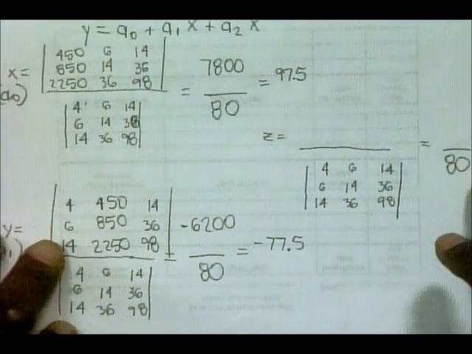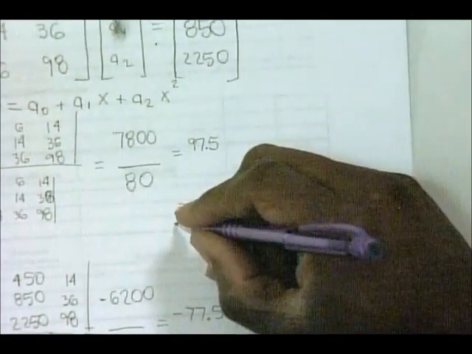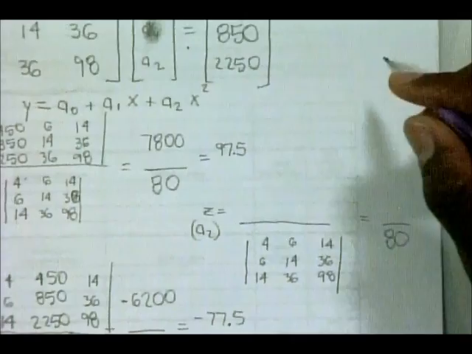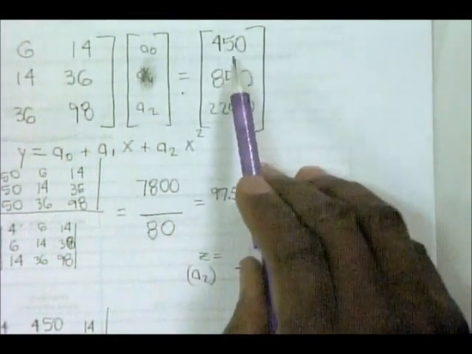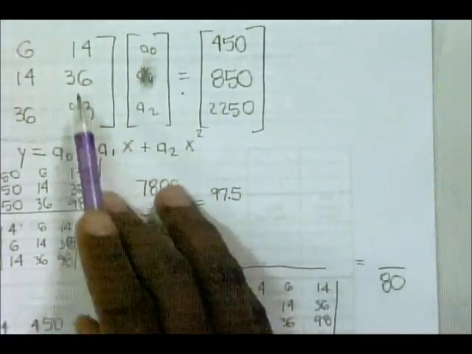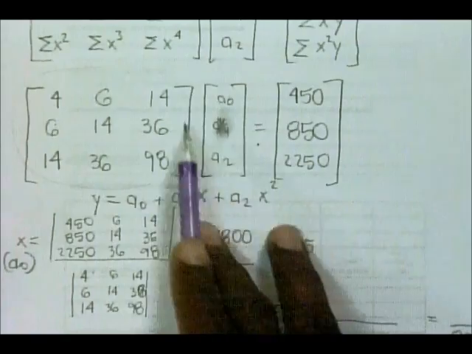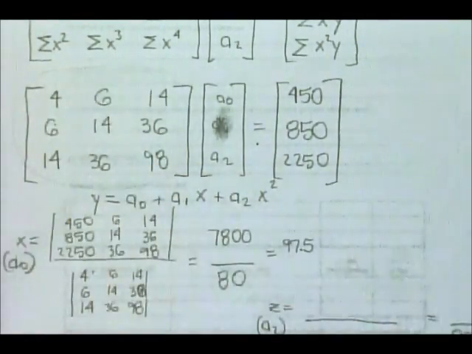Last but certainly not least, let's solve for z, or for our problem, we'll call that a sub 2. We're solving for z. So what we're going to do is substitute these constants into the z column, and everything else here will remain the same.